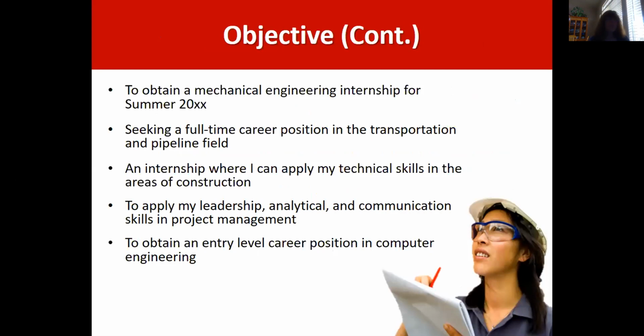The fourth one down is to apply my leadership, analytical and communication skills in project management. And the last one is to obtain a career level position in computer engineering. So there's a combination of majors, fields, industries, types, and skills. There are different ways, and I'm going to show you a few sample resumes that incorporate these. So an objective is just a short little statement.